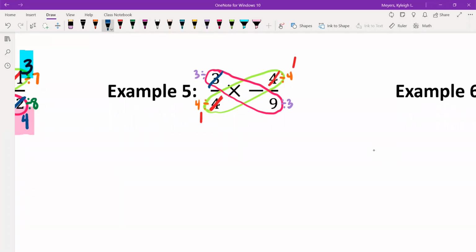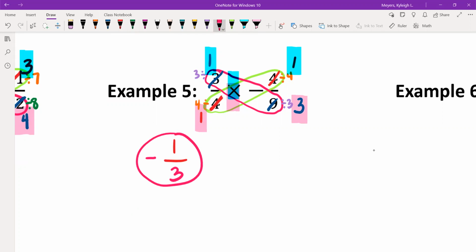So again, I cross out my original numbers so I don't look at them. 3 divided by 3 is 1. 9 divided by 3 is 3. So now I can multiply it. 1 times 1 is 1. 1 times 3 is 3. And it's a positive times a negative, so it should be a negative 1/3.